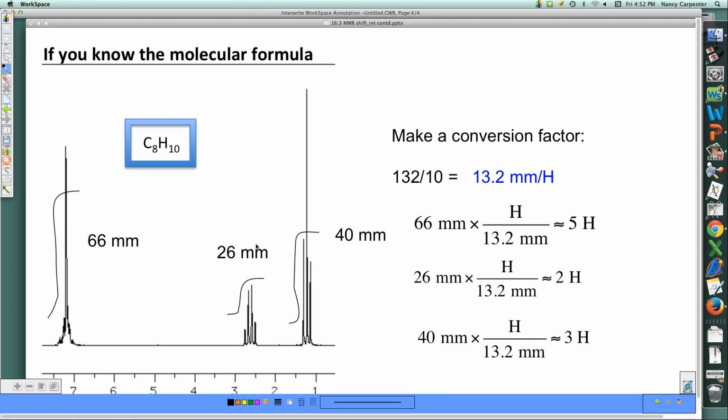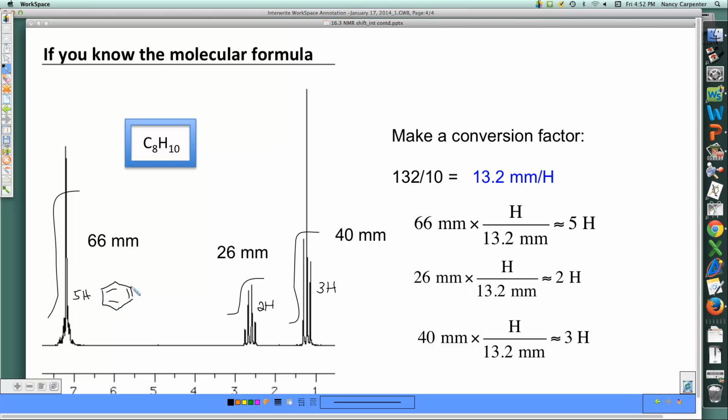So now I know that whatever this molecule is, that's a 3 hydrogen signal, that's a 2 hydrogen signal, and this is a 5 hydrogen signal. Hey, a 5 hydrogen signal around 7. What do you want to bet?